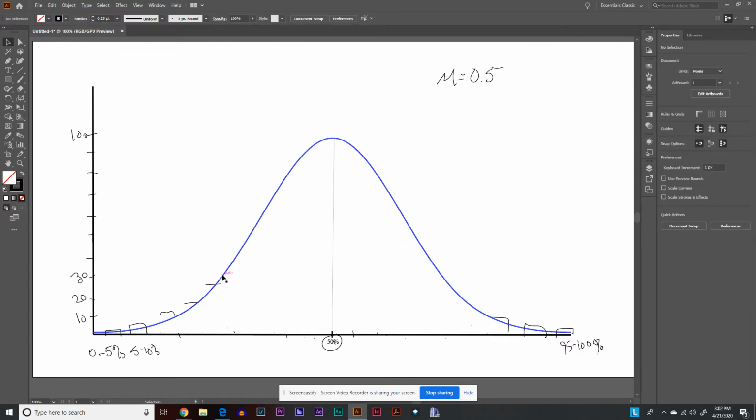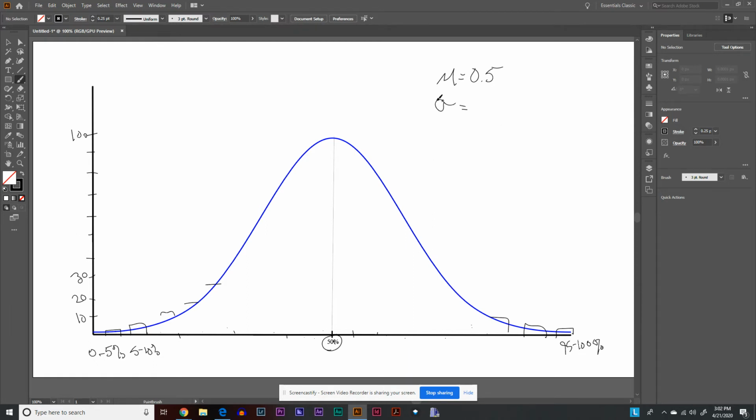The important thing to note about the normal distribution is that within one standard deviation from the mean will always contain about 68% of the data total. So, for example, I'm going to try to use another kind of easy number here for my standard deviation.